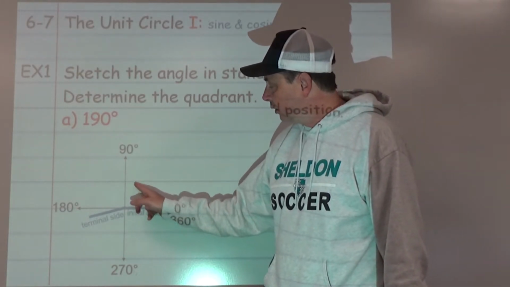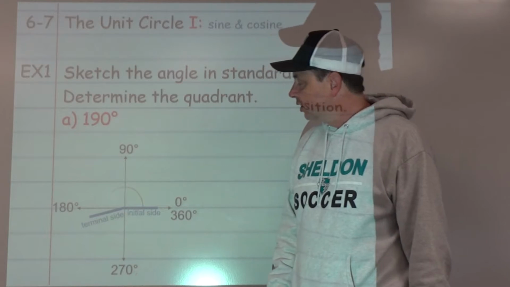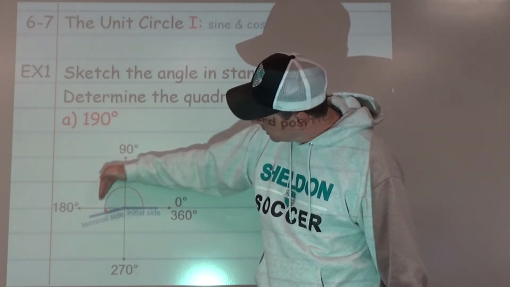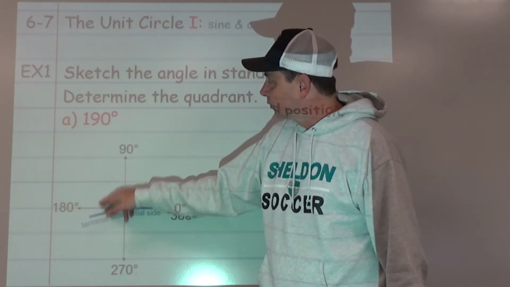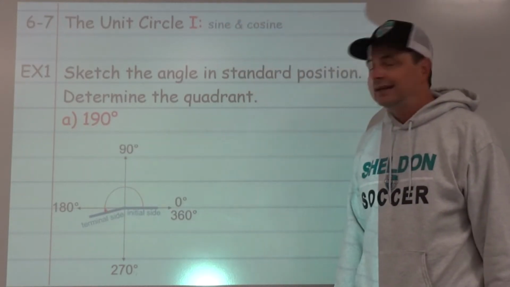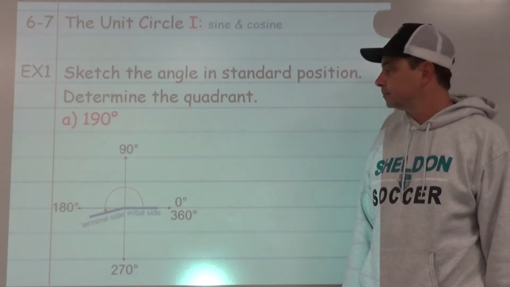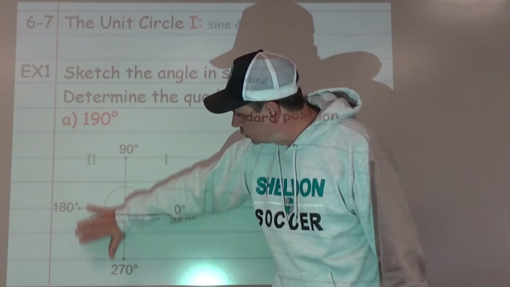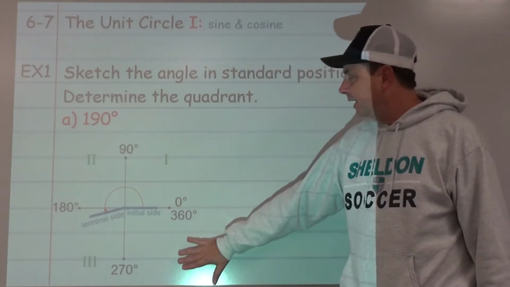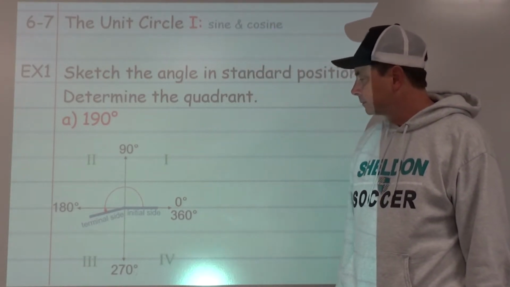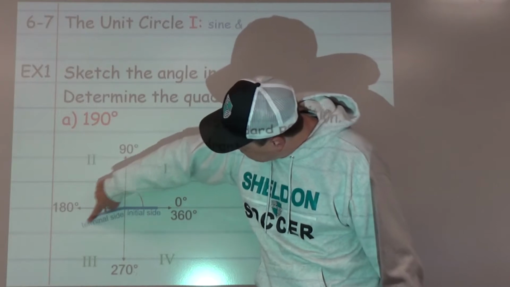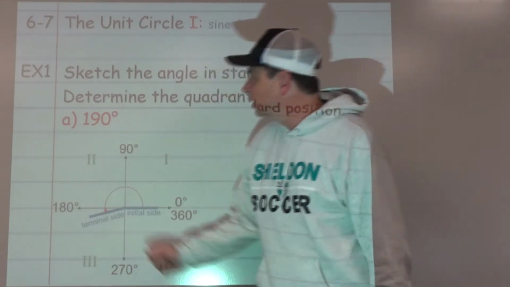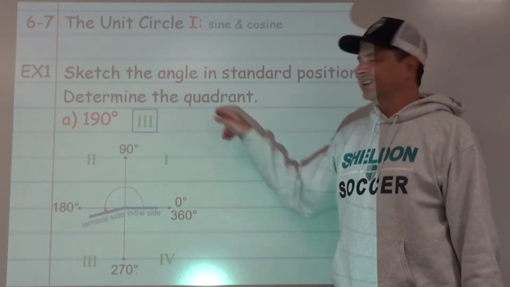We started here, we rotated this way, so we show the arrow pointing that we went in this direction, and that represents 190 degrees. Our quadrants are 1, 2, 3, and 4. And we can see right here that the 190 degrees is going to be quadrant 3.